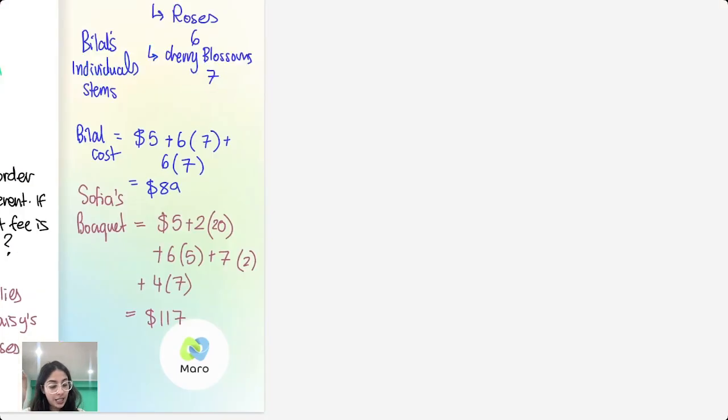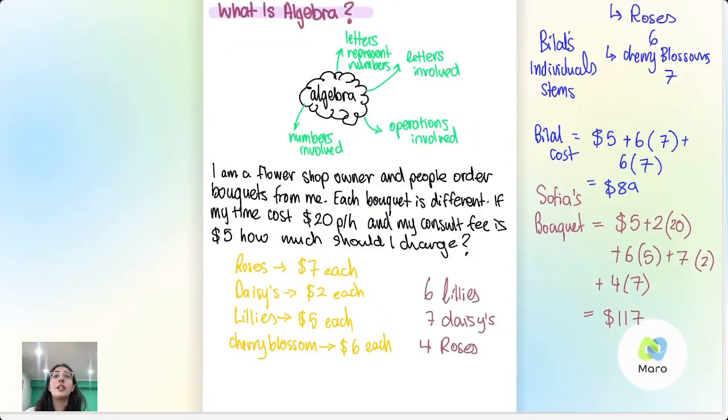If I was to ask you what is algebra, it's basically our ability to deal with variable scenarios, so changing scenarios. The word variable just means changing. It's our ability to deal with changing scenarios in mathematics. That's it, okay? Algebra is literally just doing math with variable numbers.